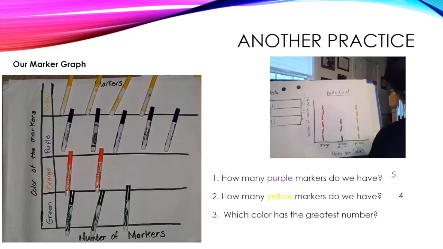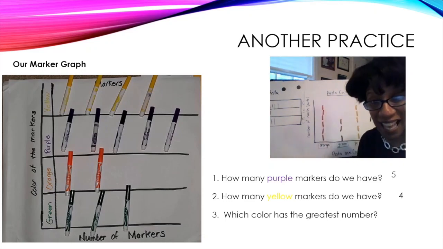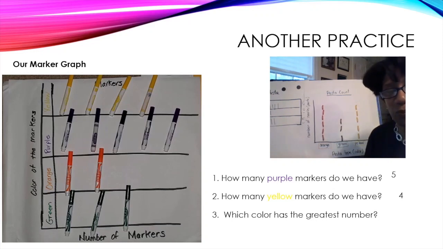Let's see. Our yellow markers had 4. Our purple markers had 5. Our orange markers had, that's right, they had 2. And our green markers had 3.